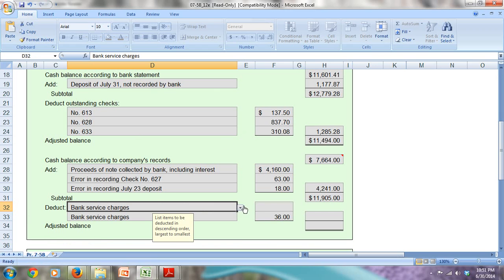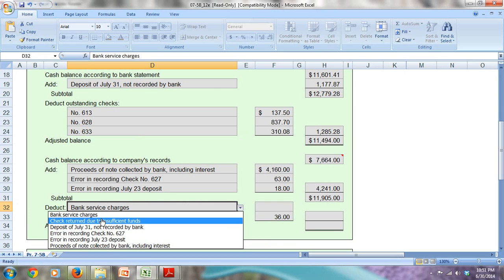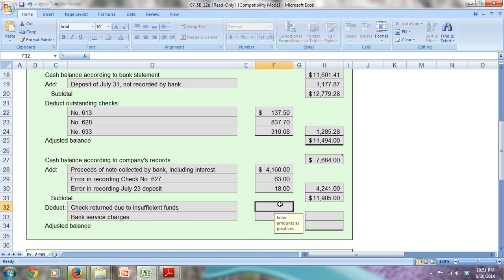Here, check returned due to insufficient funds. We enter the amount, $375. Add those together, subtract that from our subtotal, the deductions, and we get the adjusted balance.